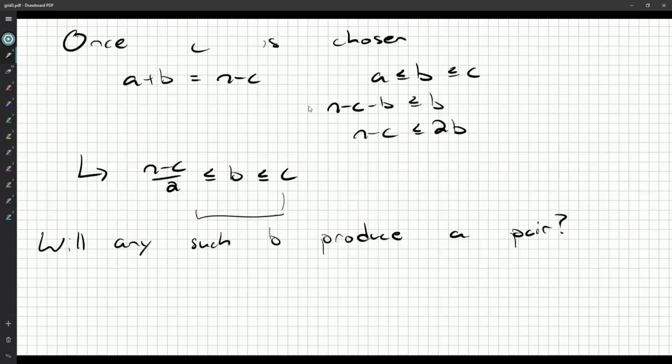If that's the case, if you can get one that works for the N minus C over 2, which should work, the question is, can B be as big as C?